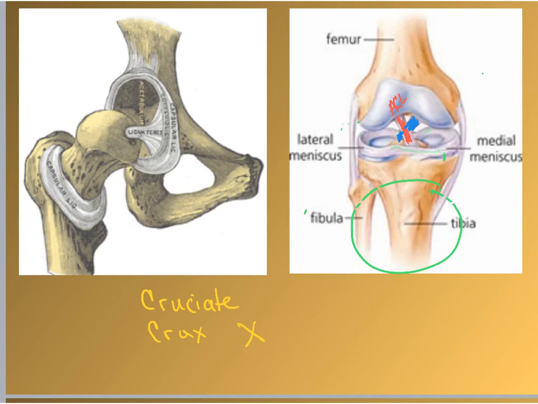Both of those are meant to stabilize the femur on top of the tibia, and also prevent these lateral movements from occurring. So it helps to laterally stabilize the joint, but also anteriorly and posteriorly stabilize the joint so that the femur doesn't move too far forward or too far backwards when you are carrying out your daily activities.